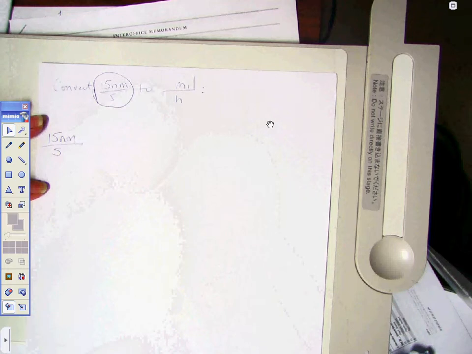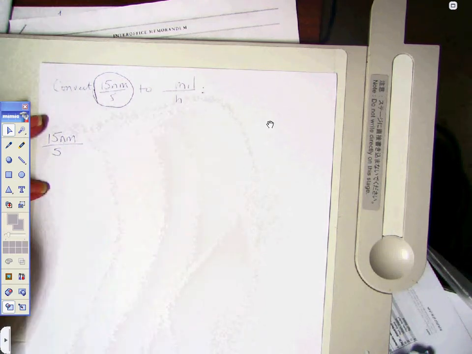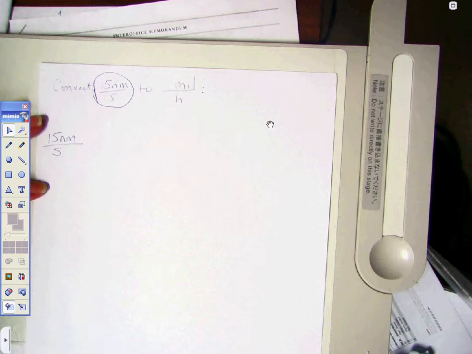Now, I know that I have to get my conversion factors together, and this is one thing that a lot of people have difficulty doing, figuring out which conversion factors to use. So I know I have to go from miles, which is the English system, to meters, which is the metric system.